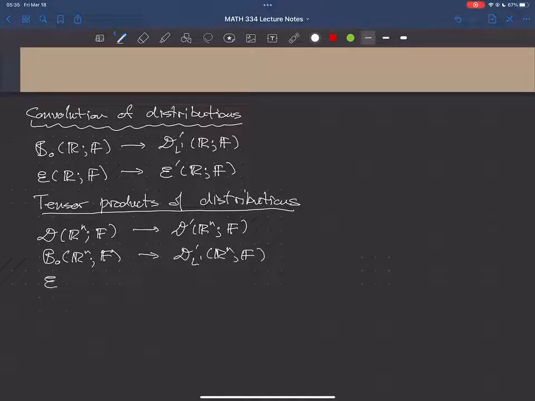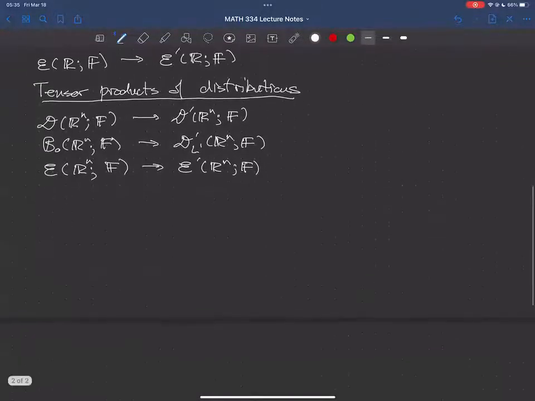And we're going to have other spaces of distributions that we're going to talk about later. These kinds of extensions from a single variable to multivariables also apply in those cases. All right, so that's the first thing you have to do.